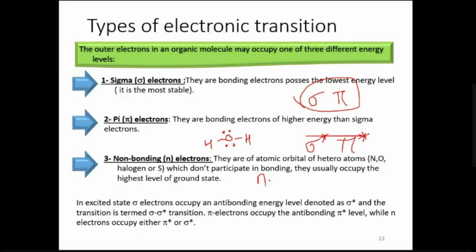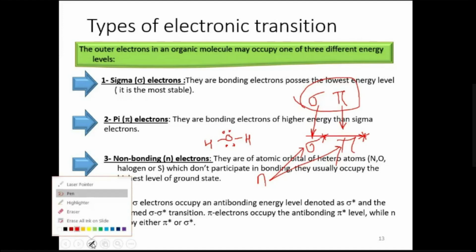Now, n electrons can jump into both of them when excited, when they acquire energy. They can jump into sigma star and also into pi star. But pi electrons can jump only into pi star, and sigma electrons only into sigma star.